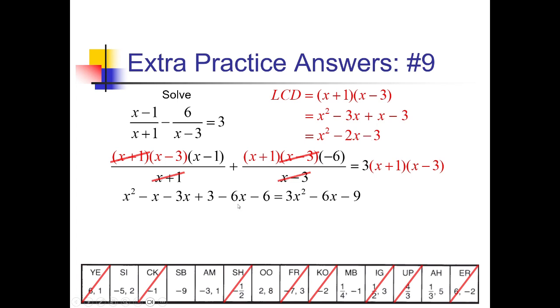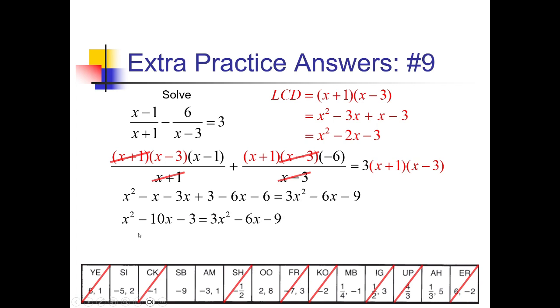And I'm going to clean this up and factor it as best I can. So on the left side, the x squared can stay where it is for the moment. -x and -3x is -4x, minus another 6x gives me a -10x. And then 3 and -6 combines to -3 over there. And then my whole right side I'm just going to bring down for the moment.